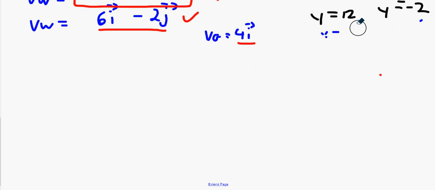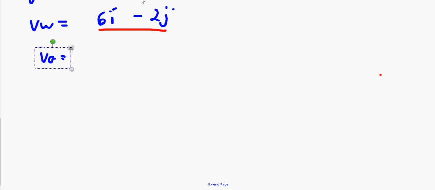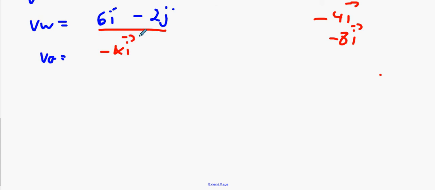Let's get rid of all this extra nonsense we don't need. That's the true velocity of the wind. The velocity of the girl, we know it's minus i, don't we? But do we know how fast to the west it's going? It could be minus 4i, it could be minus 8i, I don't know. But I do understand that it's minus ki, where I'm hoping to figure out what the k value is. It's going some speed to the west, I don't know what speed.